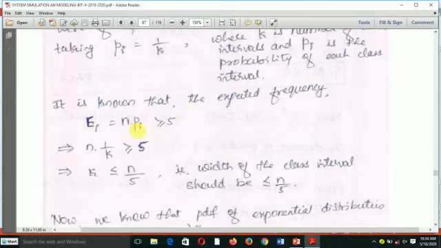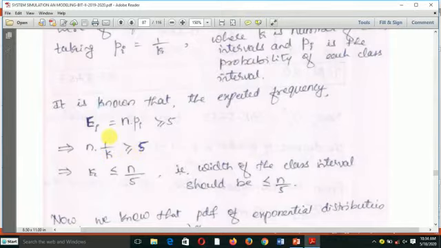Since pi is equal to 1 out of k, this will be N multiplied by 1 out of k, which is greater than or equal to 5.